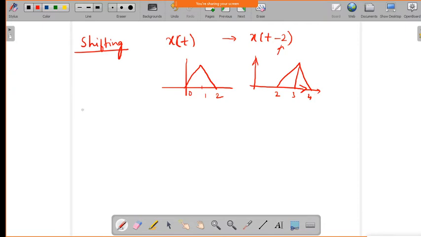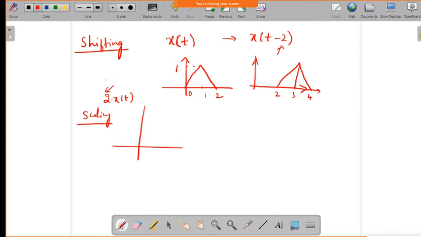And similarly, scaling you can do. If the same x of t I am giving here, you take 2 into x of t, that is nothing but amplitude scaling. If the amplitude here is 1, this is amplitude scaling.